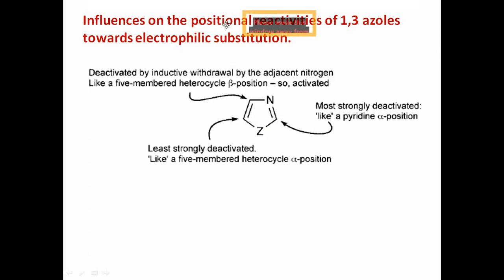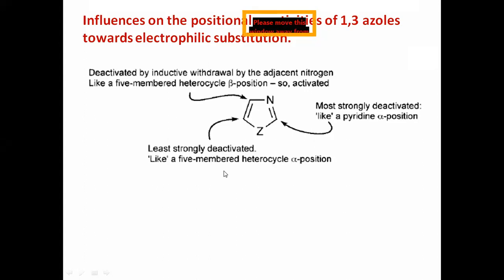Okay. And this fifth position is least strongly deactivated, like a five-membered heterocycle alpha position. So all three positions are deactivated, meaning they have less electron density on them. Therefore, they are resistant to electrophilic substitution reaction at low or normal temperature.